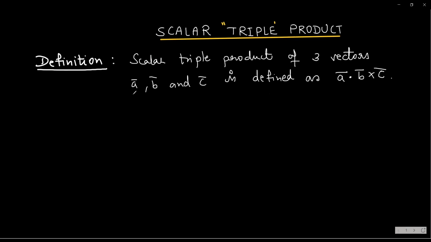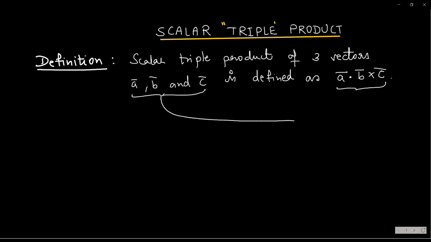See, here you wrote A bar, B bar, and C bar. And here you are writing A bar dot B bar cross C bar. Is it the reason that since we have A bar, B bar, C bar, we are writing A bar dot B bar cross C bar?